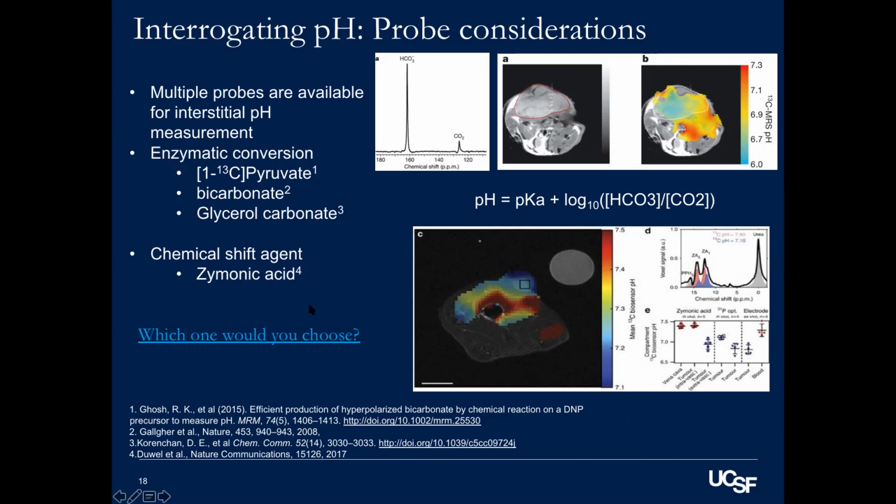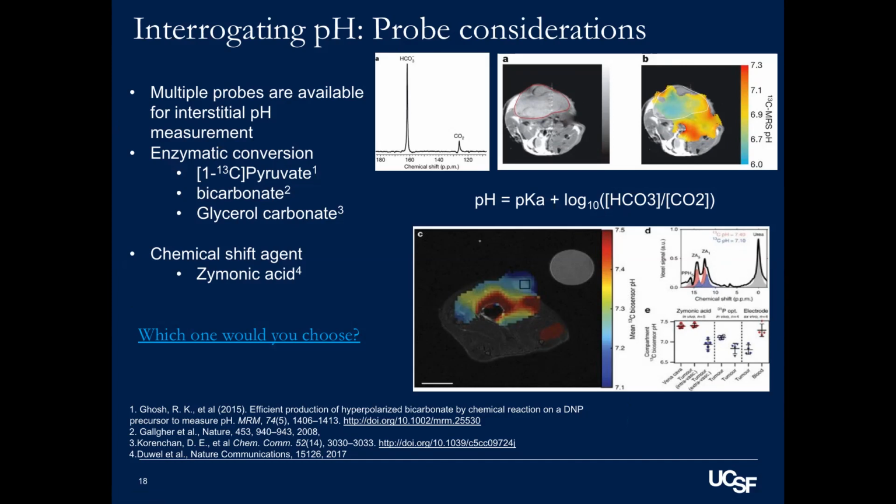Zymonic acid looks similar to dehydroaspartic acid in structure, and so it has 2 protons with a pKa going from I think 4 to about 10, which is why you get 2 different peaks that can capture the range that's biologically relevant for an acidic or a basic pH. You can see here this particular ZA1 zymonic acid peak 1 and 2 spans about 2 ppm.